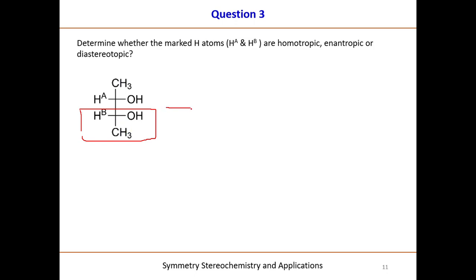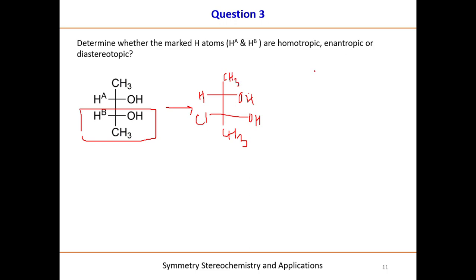But if we change one group by any halogen atom, here I am writing any halogen atom, suppose it is Cl, then hydrogen, then OH, then the CH3 group.